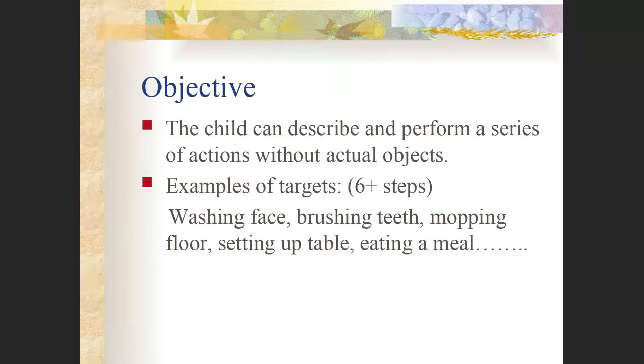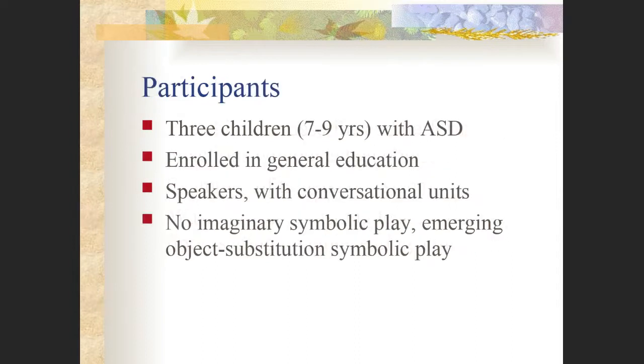For example, the first task: washing face, brushing teeth, mopping floor, setting up table, eating a meal. So these are tasks that require several responses in a chain. They have to perform each action and explain to us what they are doing, basically.